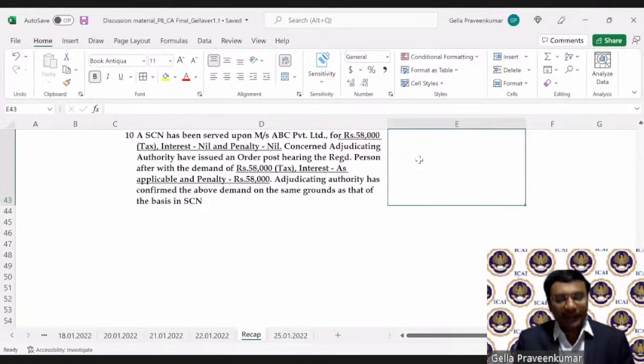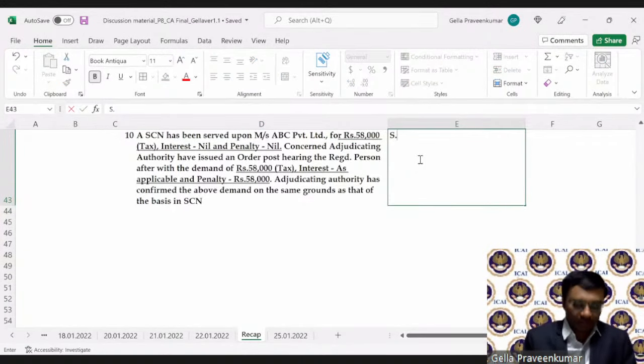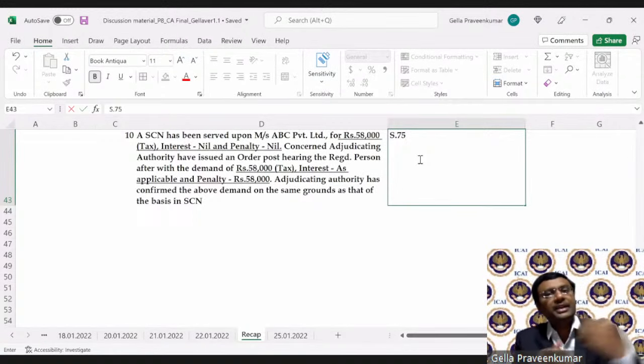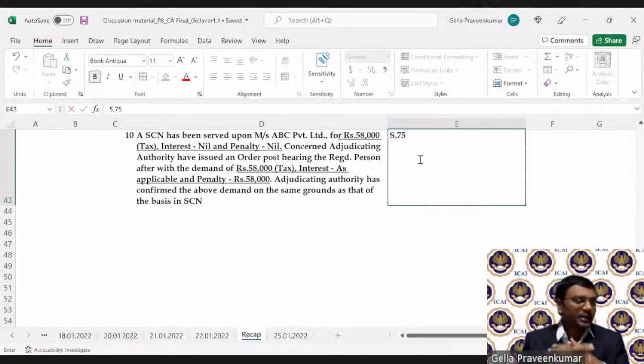Now, if you recollect, there is a provision called Section 75. Section 75 explains the general provisions in relation to determination of tax. Under subsection 7, it clearly says that the amount of tax, interest and penalty demanded in an order shall not be in excess of the amount specified in the notice.